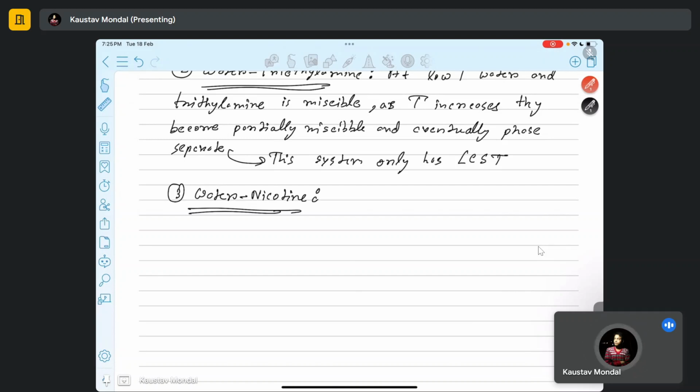So this explains that the water-nicotine solution has both a lower critical solution temperature and an upper critical solution temperature, because they are miscible only in an intermediate range. Whether you are cooling or heating it, if it deviates from that range, it will phase separate into two different liquids. So that means it has both UCST and LCST, right?